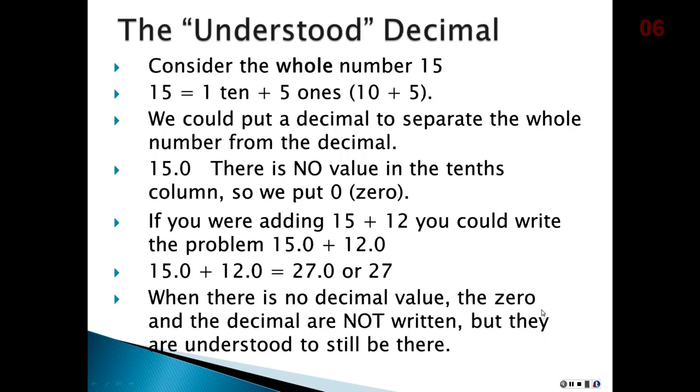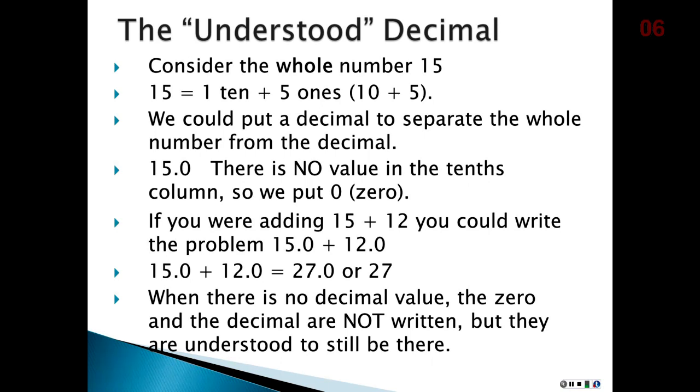Now, consider the whole number 15. We could put a decimal to separate the whole number from the decimal. We could say 15.0. That's the same as 15. There is no value in the tens place, but that's okay. It's still equal to 15. Now, if you were adding 15 plus 12, you could write 15.0 plus 12.0.